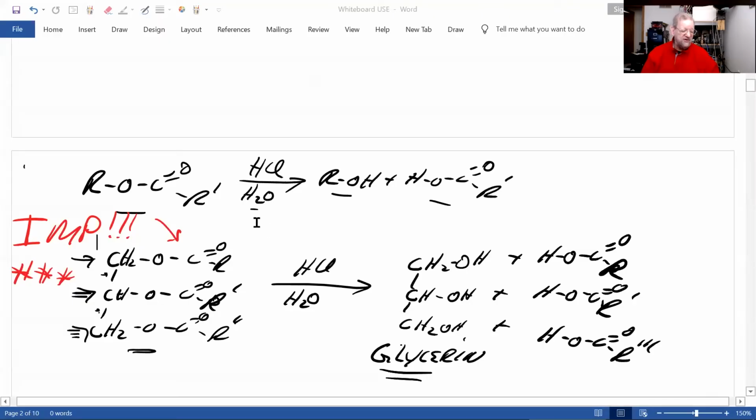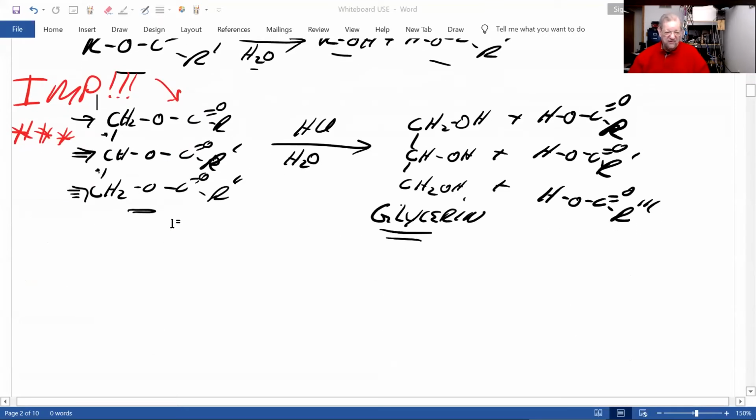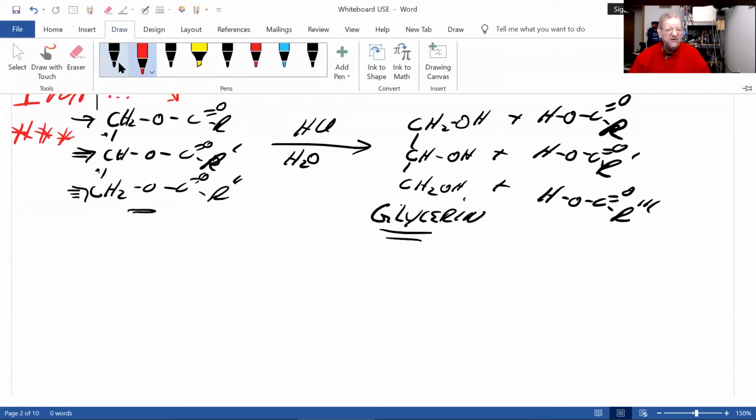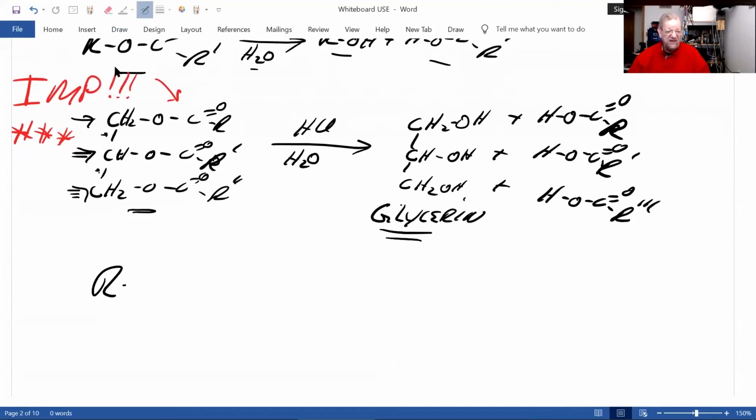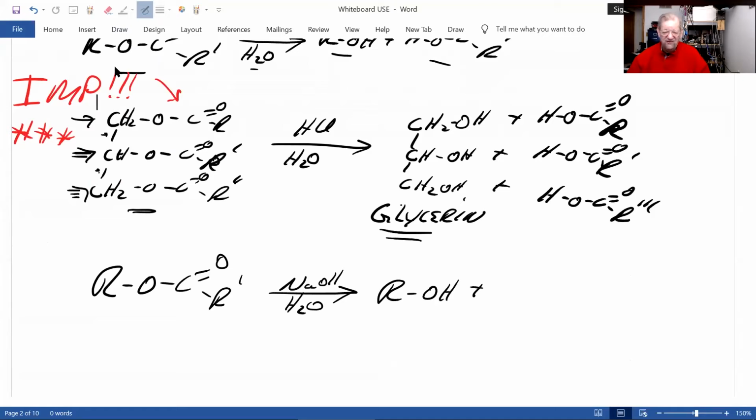Now, this is a general reaction when you react any fat or oil with an acid. Let's look at what happens with a base. Remember, I promised no new functional groups, and I'm keeping that promise. If I have an ester, and I'll write it backwards like oil chemists do, and I'll use sodium hydroxide, what you'll get is saponification of an ester.